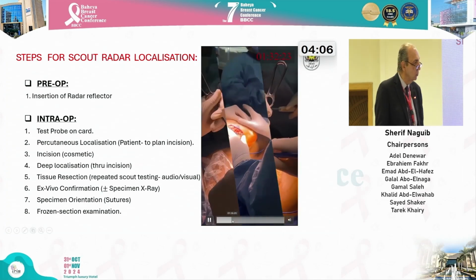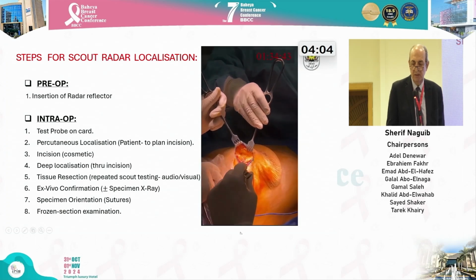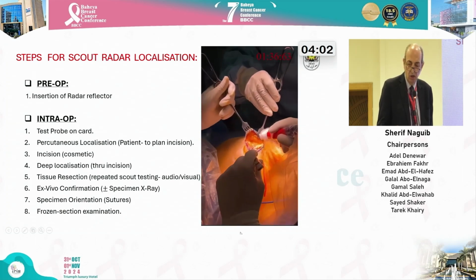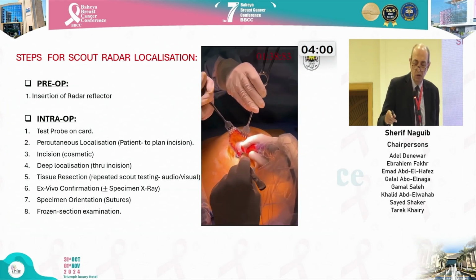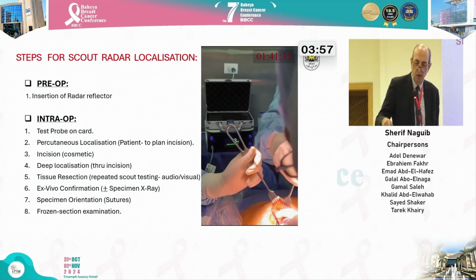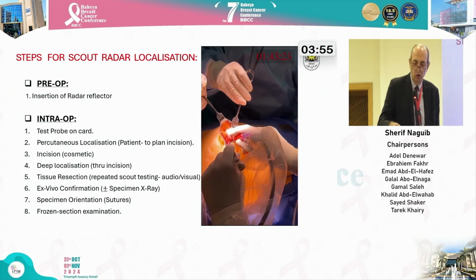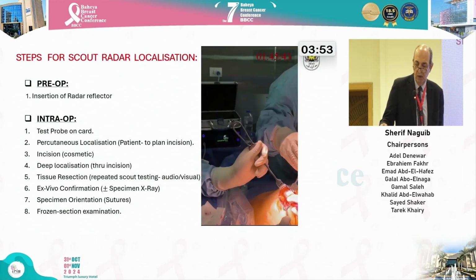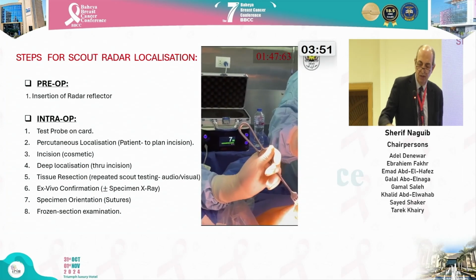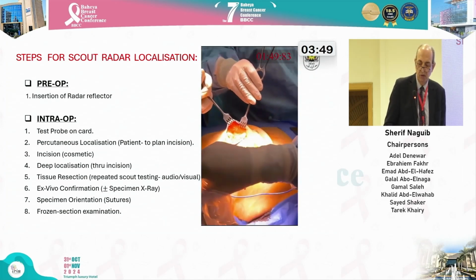And you have two ways to detect your reflector, either audible sound or visual. On the screen of the console, you can see the distance between the probe and the reflector. Shows 6, 7 millimeters, 9 millimeters.